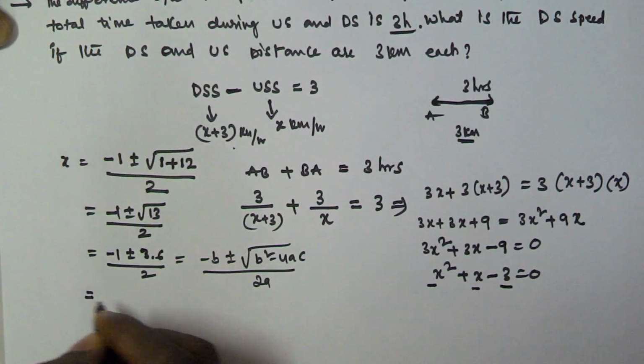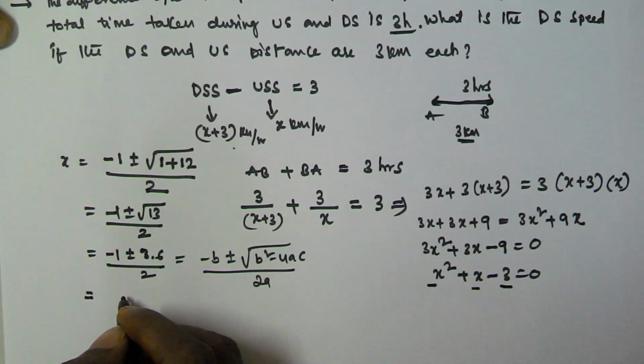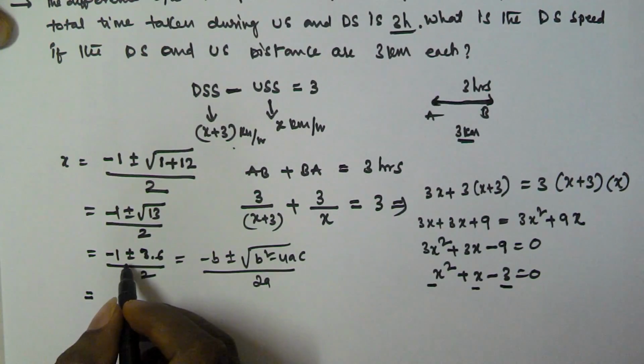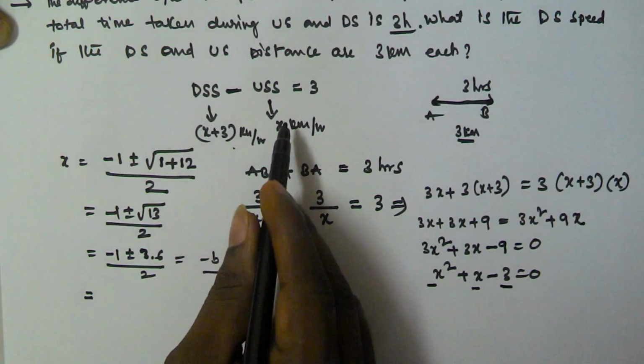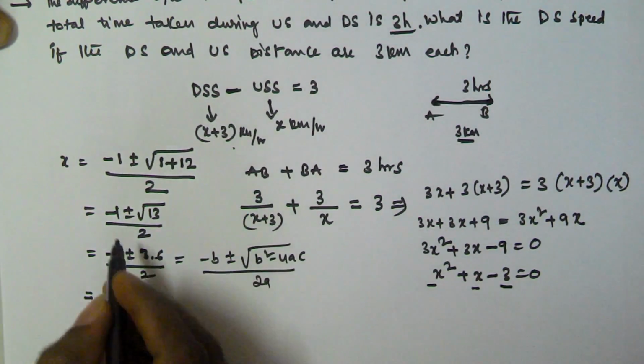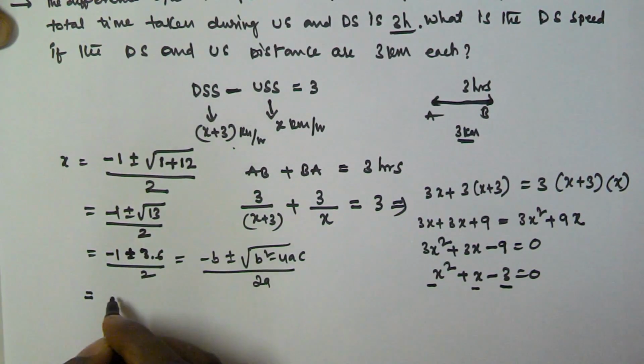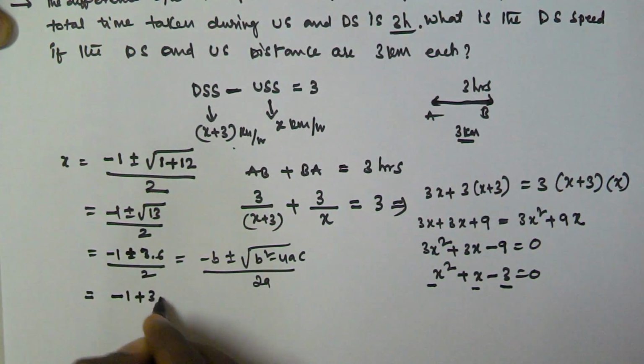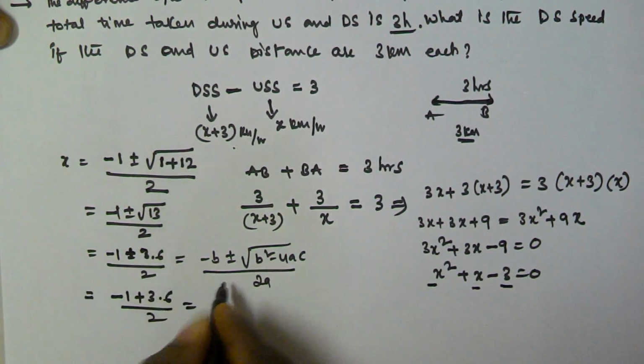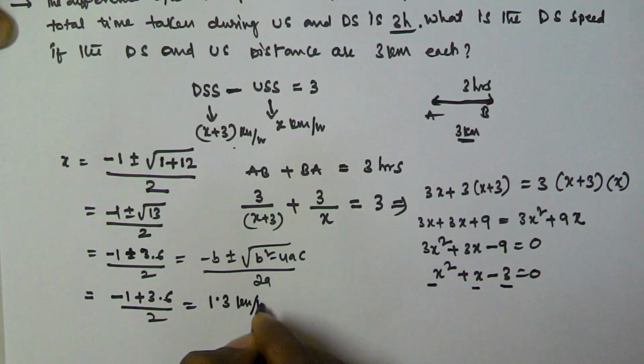So x is actually the speed, and the speed is never going to be negative. That's why we take only the plus value here. So minus 1 plus 3.6 by 2 is equal to 1.3 kilometers per hour.